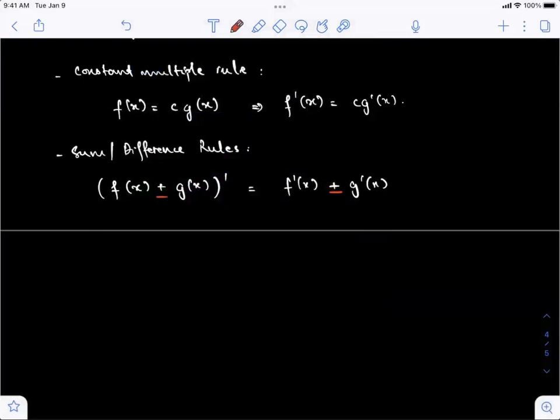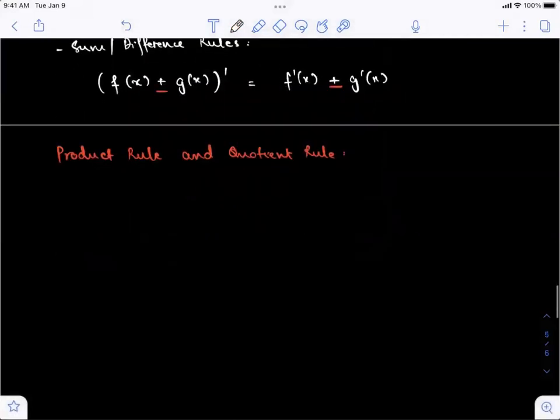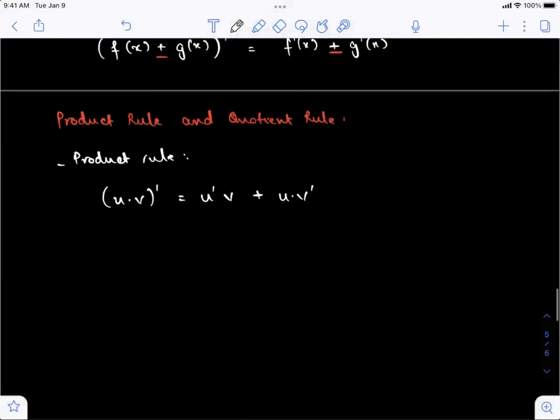There are two more rules that we learned up to this point: the product rule and the quotient rule. For the product rule, the derivative of u times v is u prime times v plus u times v prime.